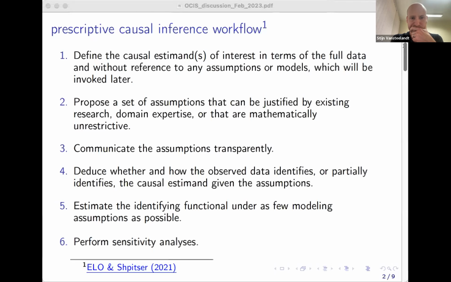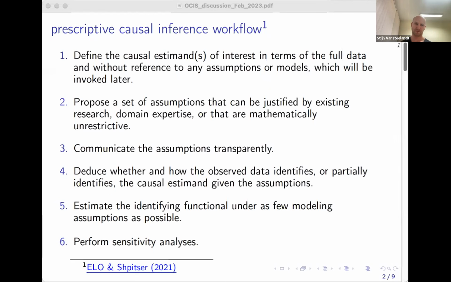And then the fourth step is to deduce whether and how the observed data, so the projection of the full data onto the observable random variables, identifies or maybe partially identifies the causal estimand given the assumptions.